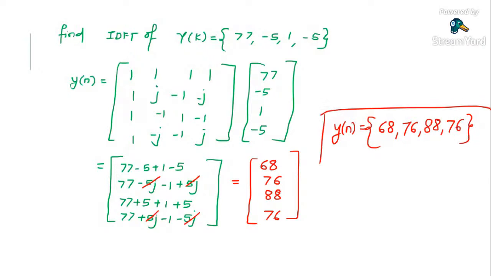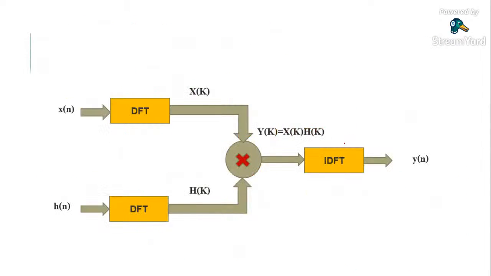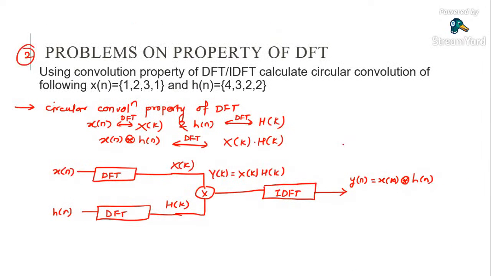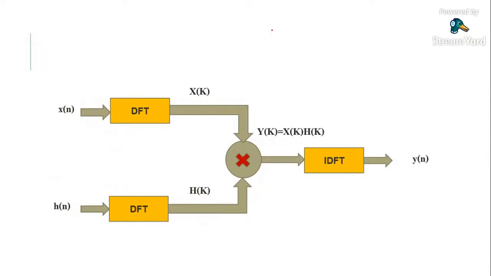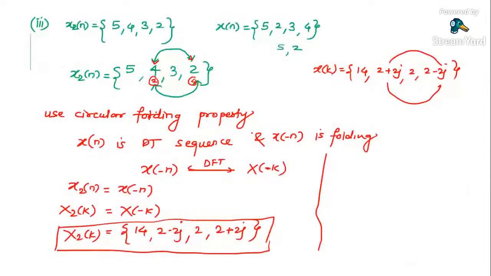So this is nothing but the answer you got after performing the circular convolution, and you can verify that answer by using the method discussed earlier, the circular convolution method. Not for the answer, but for verification purposes you can use that particular method.